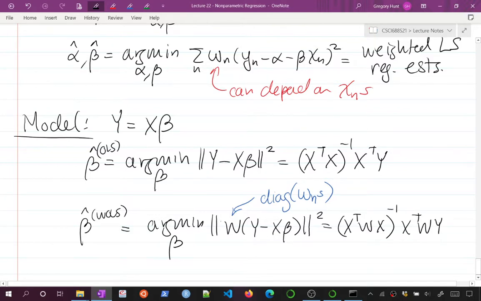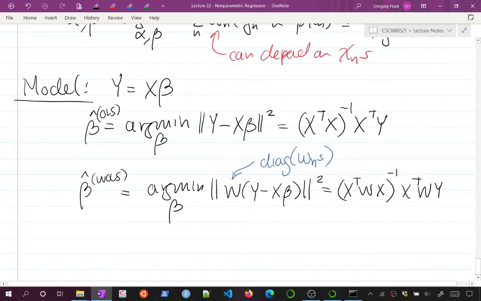So weighted OLS with a diagonal weight matrix is pretty much no harder than normal OLS, and we get a similar estimate. Notice if W is the identity matrix, I don't do any weighting. I just get back my OLS estimator.